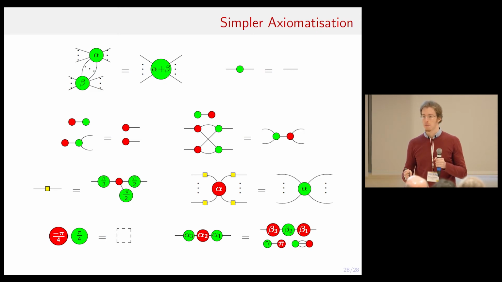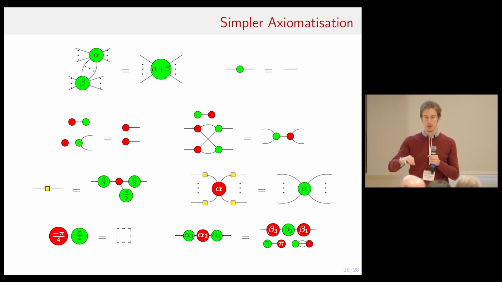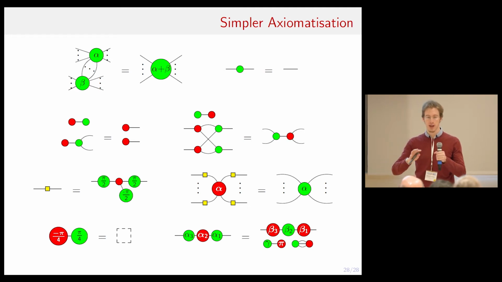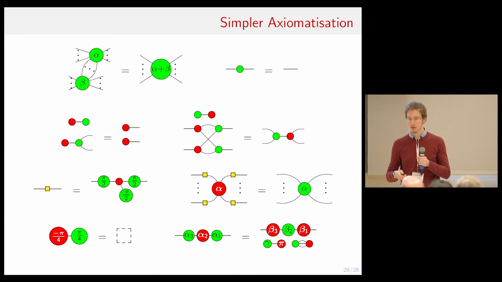Well, we can infer strategies from the Clifford case, because in the Clifford case, we have a pretty simple normal form, and we have a strategy to transform any Clifford diagram into its normal form. It can be applied to other fragments, although it's not necessarily optimal.